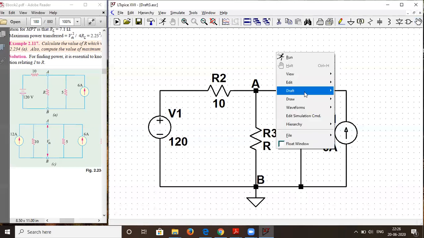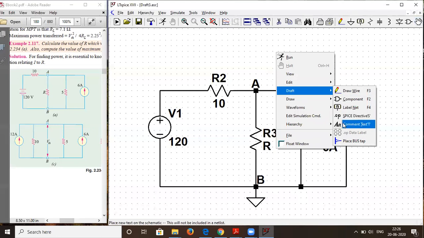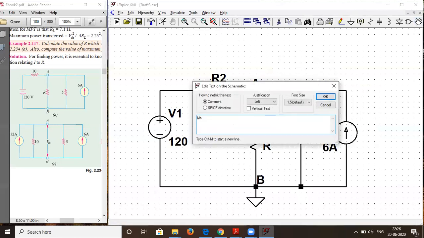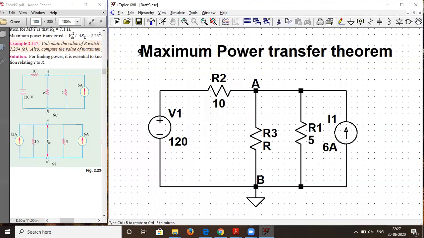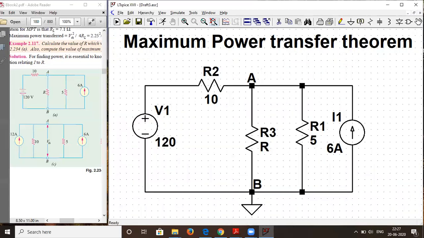We will do it by the maximum power transfer theorem. Let me write maximum power transfer theorem. So we'll apply this theorem and find the unknown value of R and also find the maximum power being absorbed by that R.